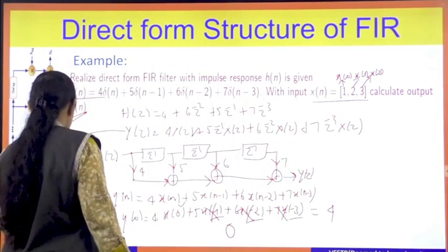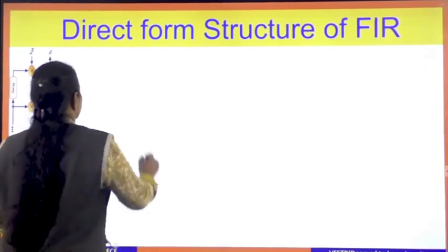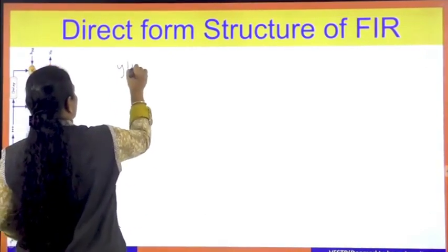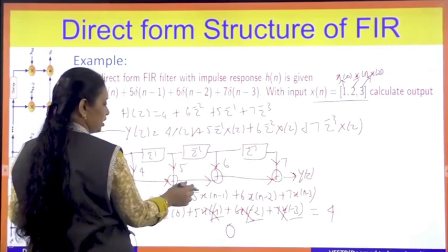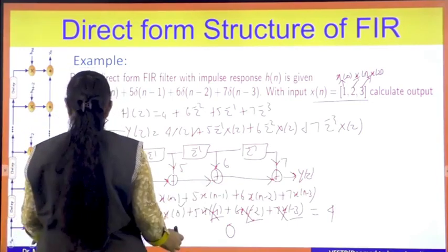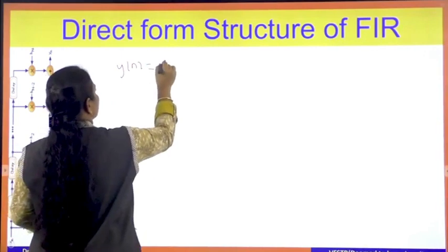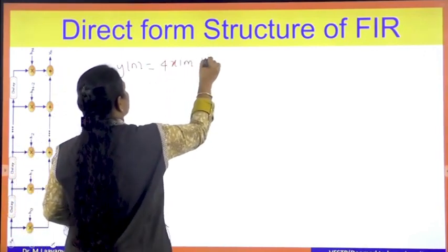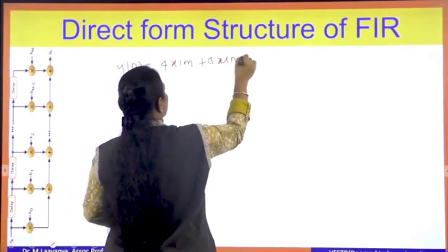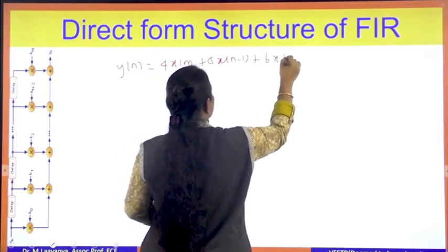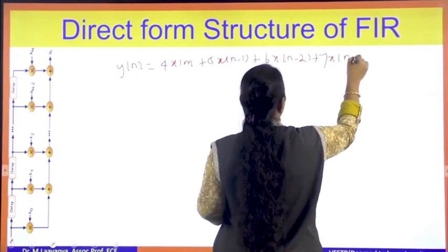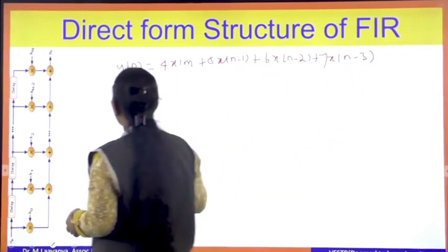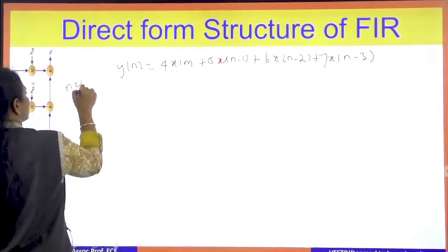Let us go for the next step. What was your equation? y of n is equal to 4 x of n plus 5 x of n minus 1 plus 6 x of n minus 2 plus 7 x of n minus 3. So now let us substitute n is equal to 1.